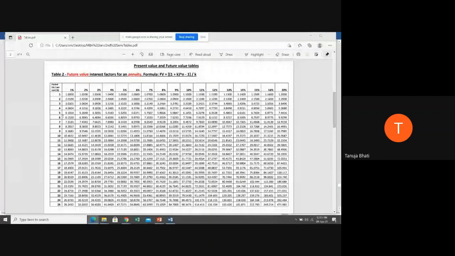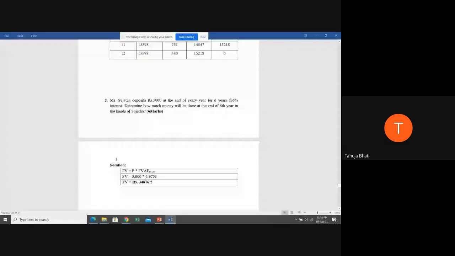So 6% for 6 years is 6.9753. When you multiply, you get rupees 34,876. Is this clear, students?